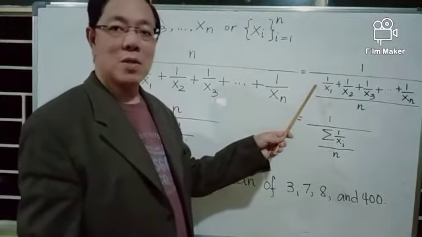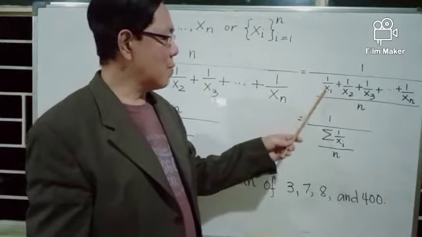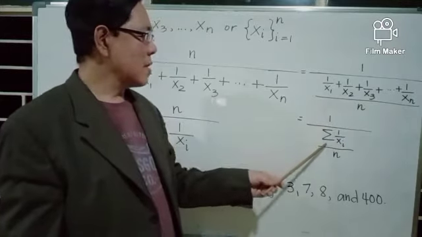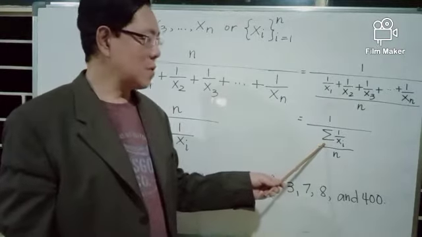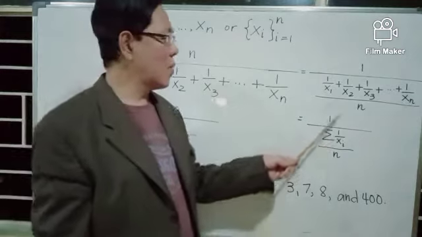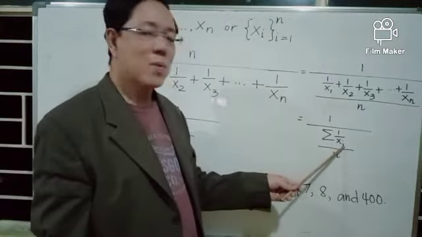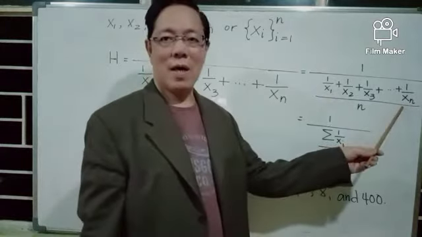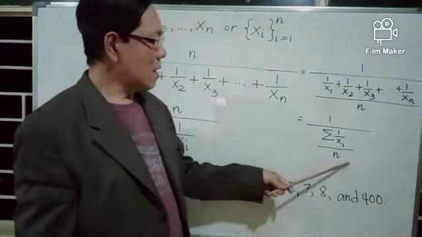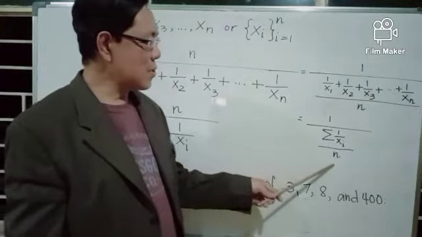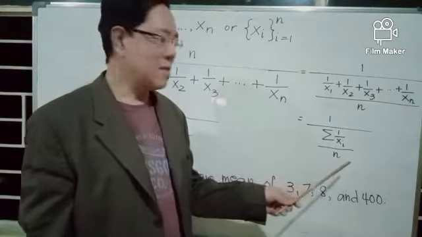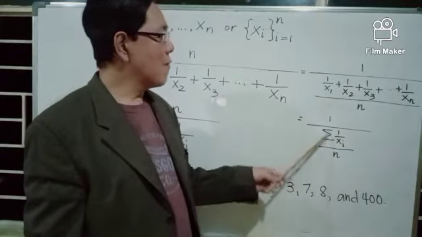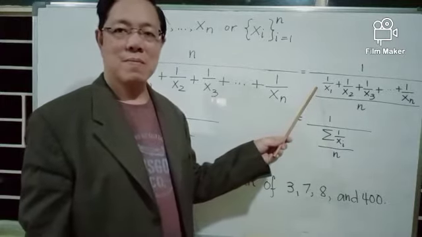Using sigma notation, the summation of 1 over x of i, where the subscript i goes from 1 to n. And you can see that this denominator, the summation of 1 over x of i divided by n, is the average of the reciprocals of the values in the given set of data.